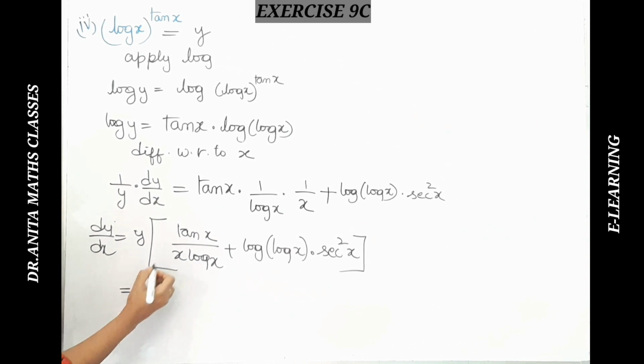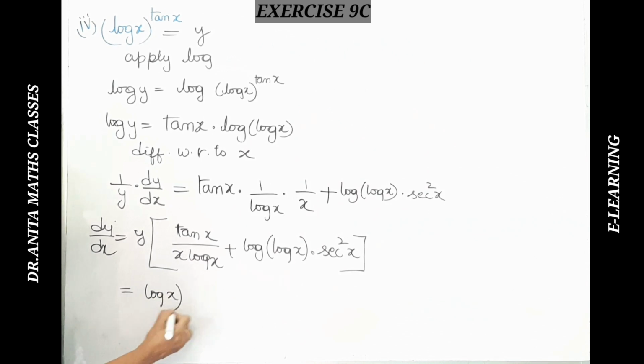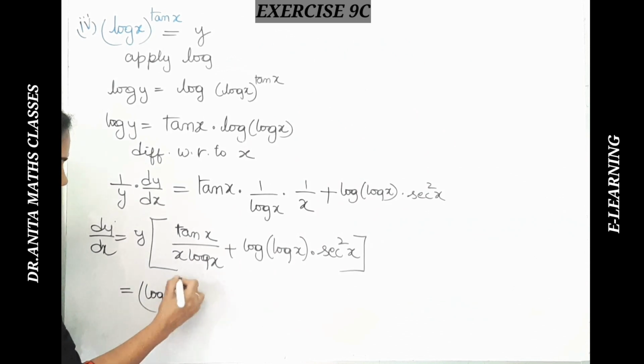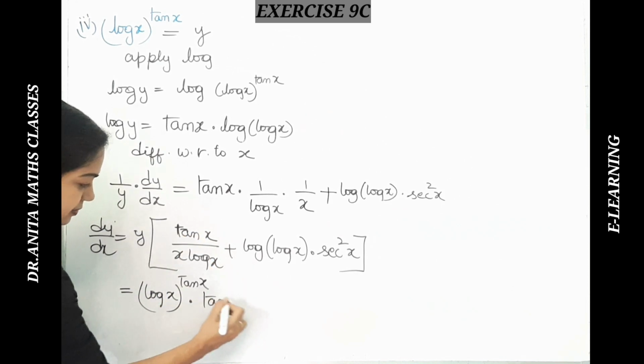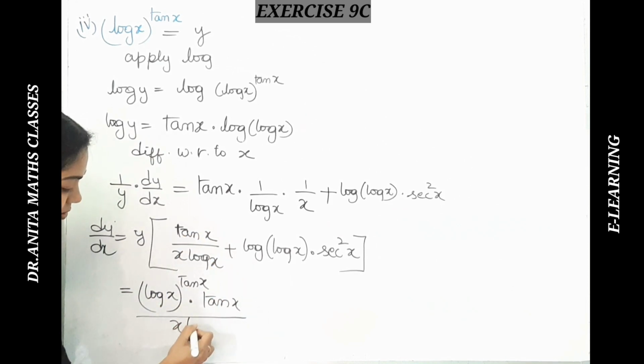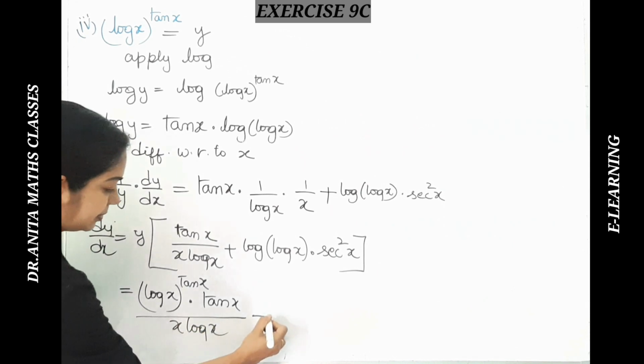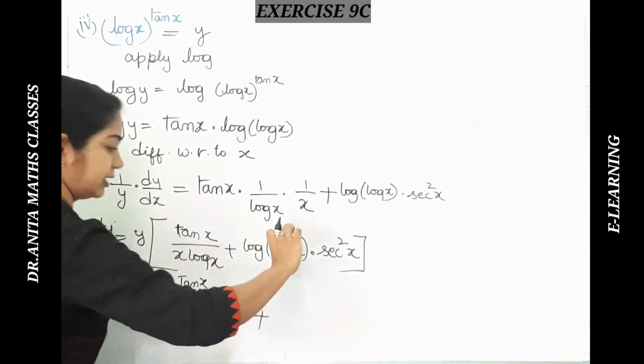For further simplifying, you can take y as log x raised to the power of tan x, and multiply it with this, that is tan x divided by x log x, plus this y multiplied to this.